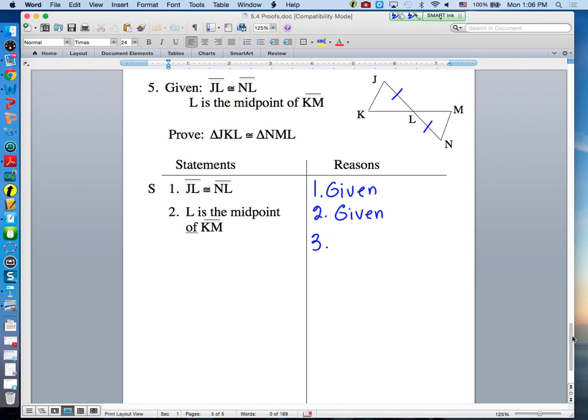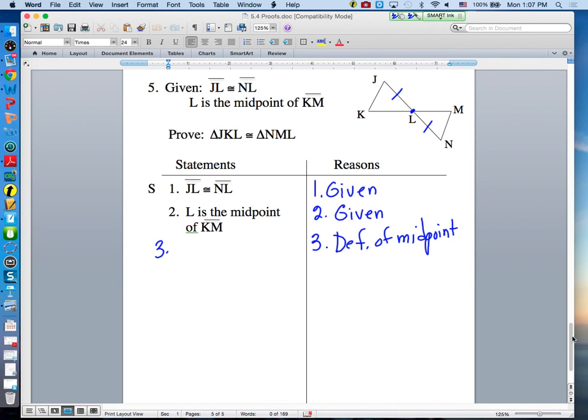Okay, now we need to start thinking. Let's interpret what midpoint means. Midpoint means what? It means that it is the midpoint and the segments on each side are congruent.